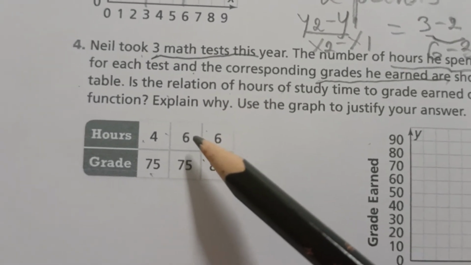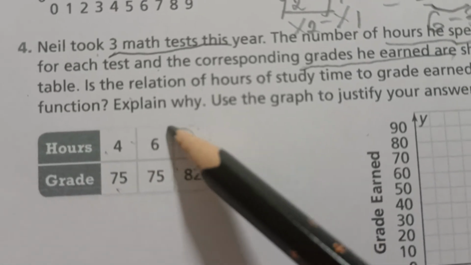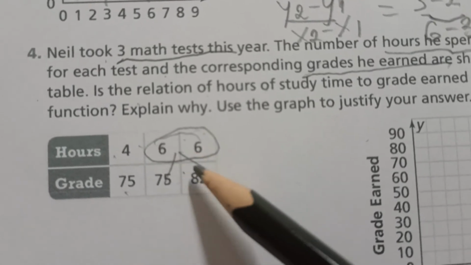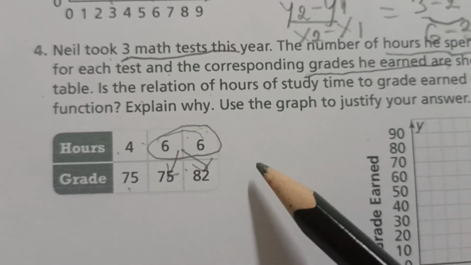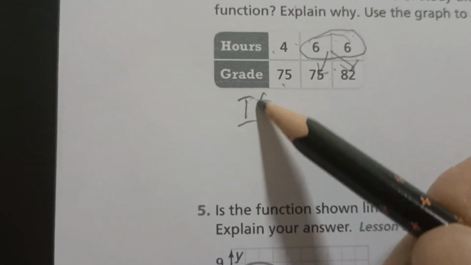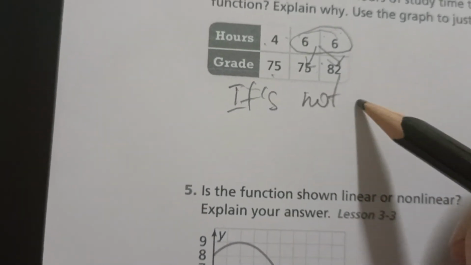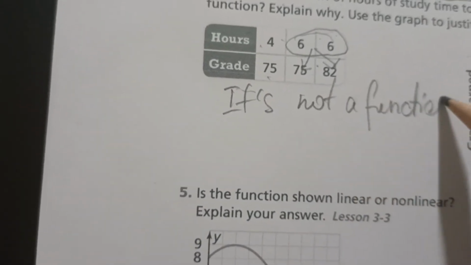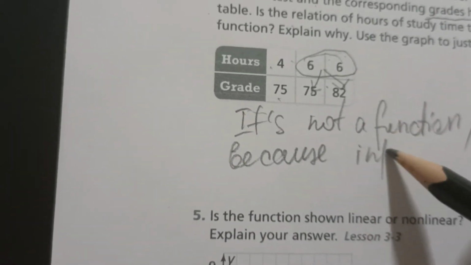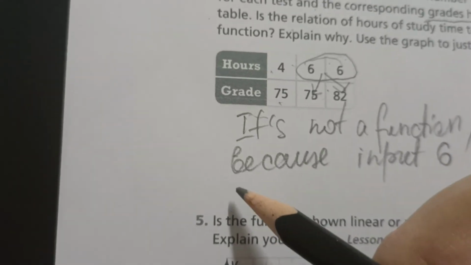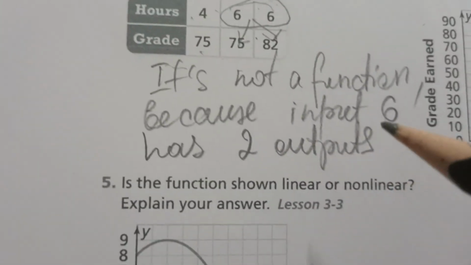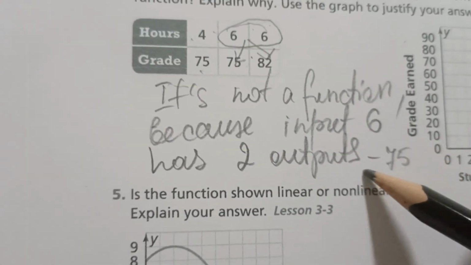So even looking at the table, we can see that we have input 6, and that input 6 has 2 different outputs, okay? That means that this is not a function. I'm writing it's not a function because input 6 has 2 outputs, 75 and 82.